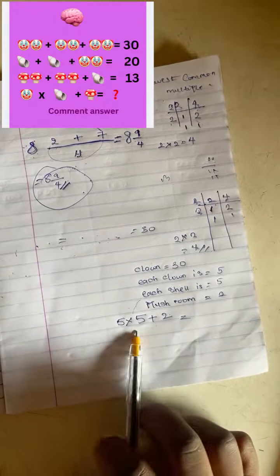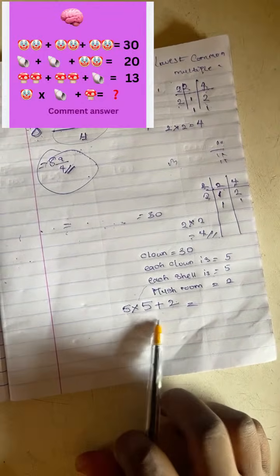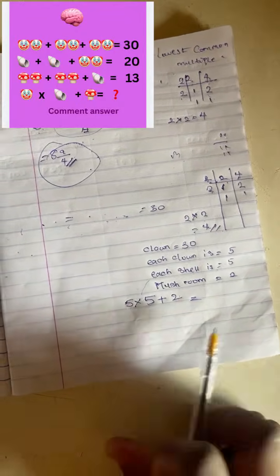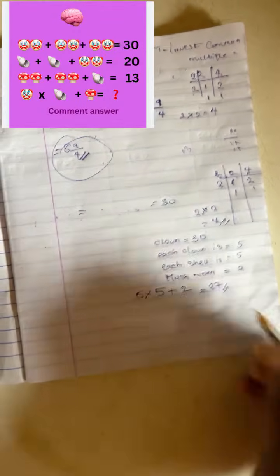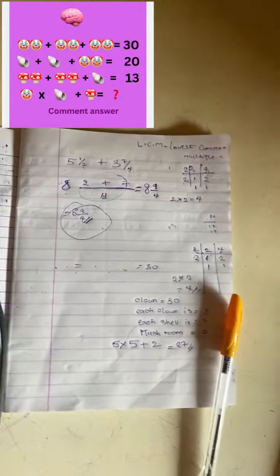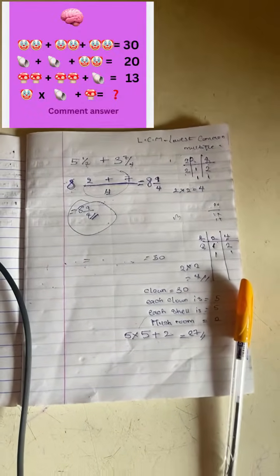So what's the answer? 5 times 5 is 25, plus 2, 27. That's the answer.